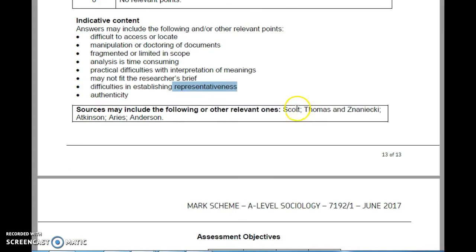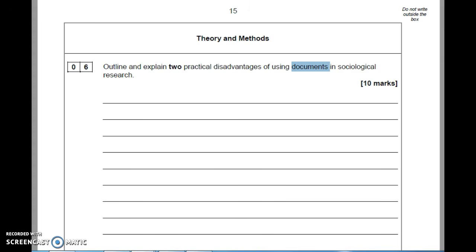Going back to the mark scheme, that is what Scott said, there are qualities of looking at documents, criteria of looking at documents, so you could refer to Scott's criteria there.